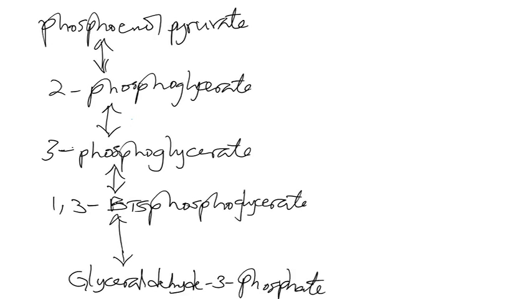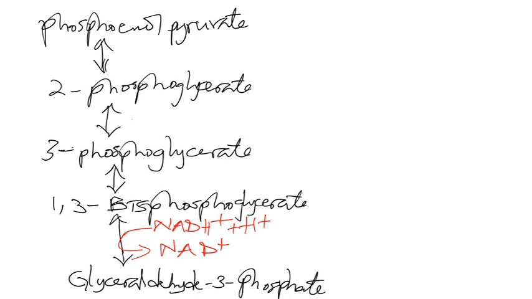So for this reaction, you have NADH plus H plus to give us NAD plus, like that. So the reverse requires an input of a reducing equivalent of NADH to produce the glyceraldehyde 3-phosphate.